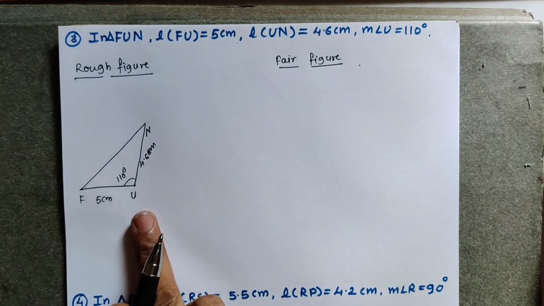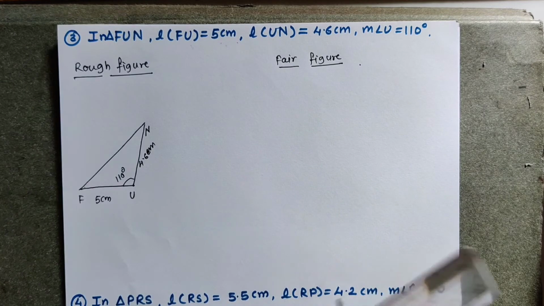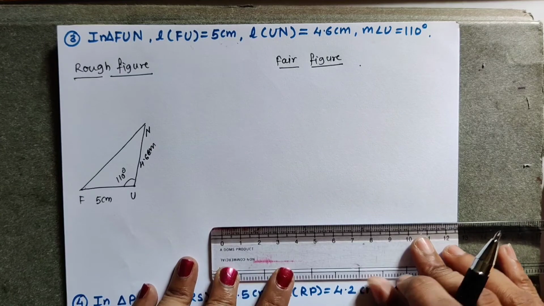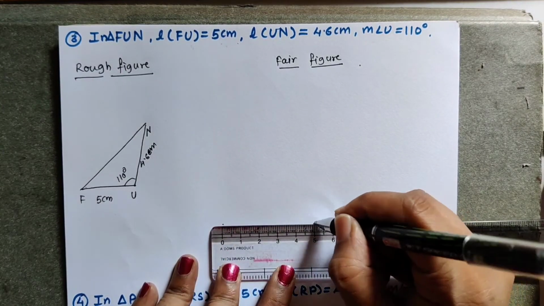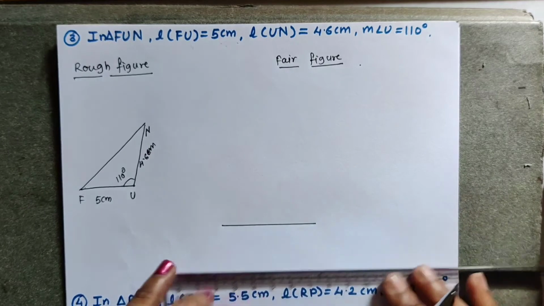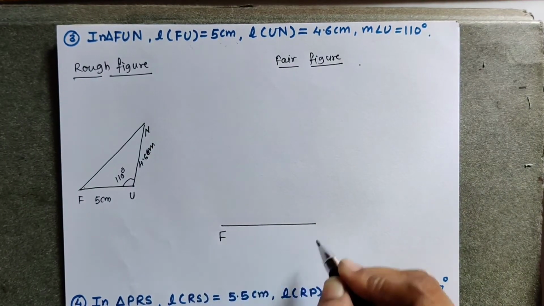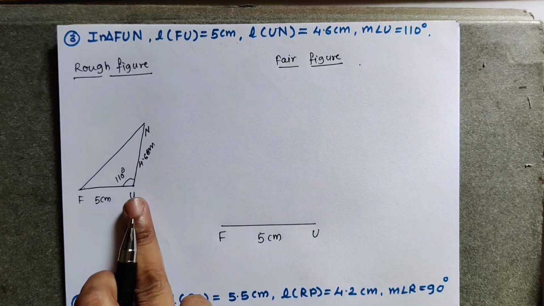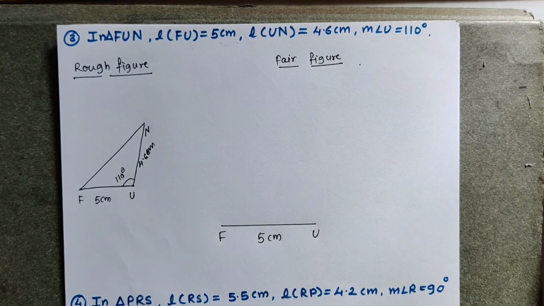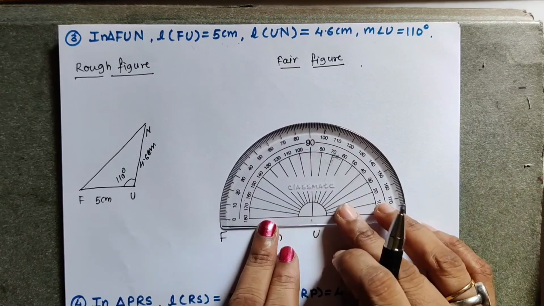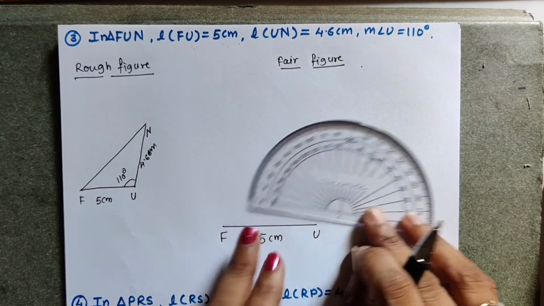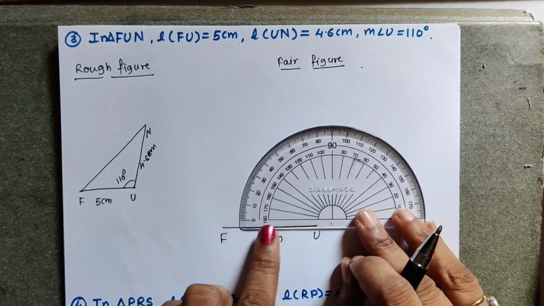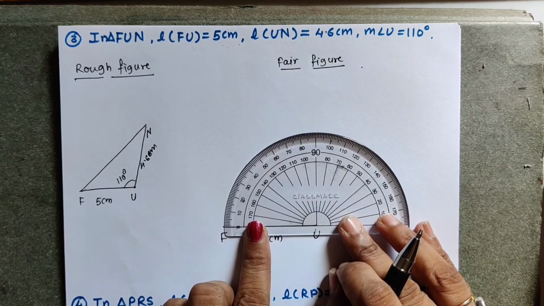So as FU is 5 centimeter, we will draw a base side of 5 centimeter, 0 till 5. Now we have to draw the ray of 110 degree. So I am going to place my protractor properly on point U. My segment is on the left hand side of U. So I will be starting from the 0 of left hand side till 110.